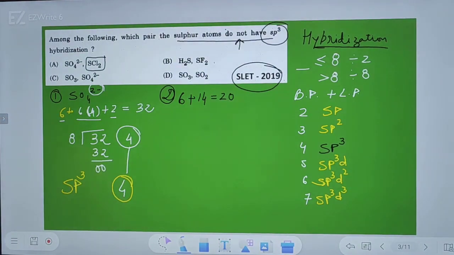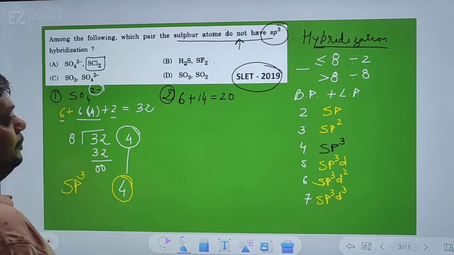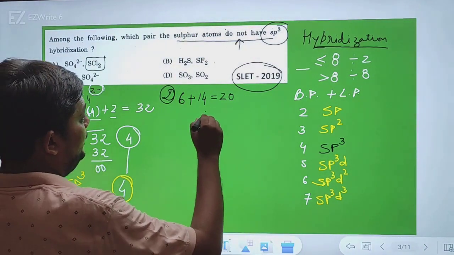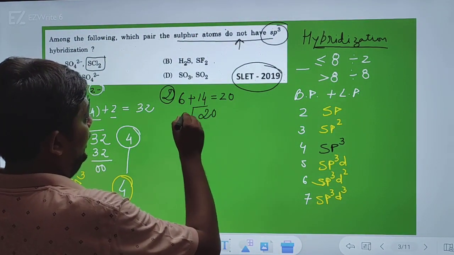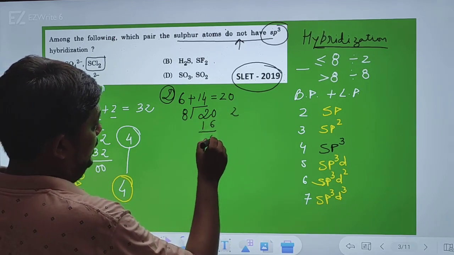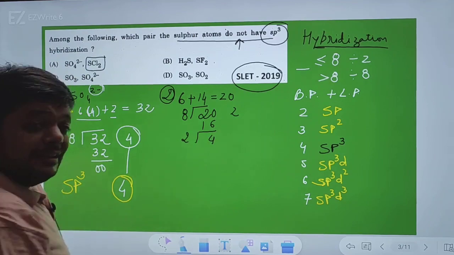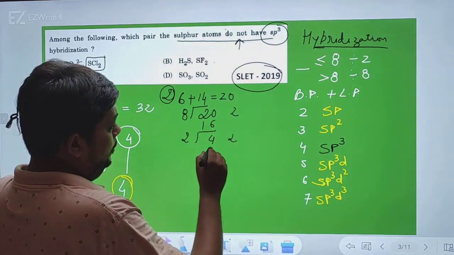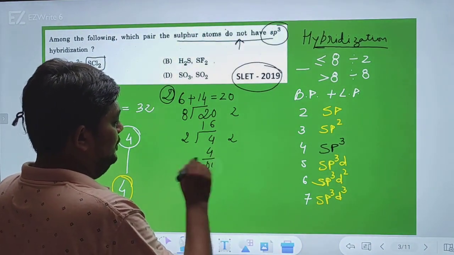This newer board, newer technology is a bit new to me, so please support me, be a little patient. 20. When I divide it by 8, I will have 2 times 16, left with 4, a number less than 8, so I will divide it by 2, 2 times 4, and the answer will be 0.